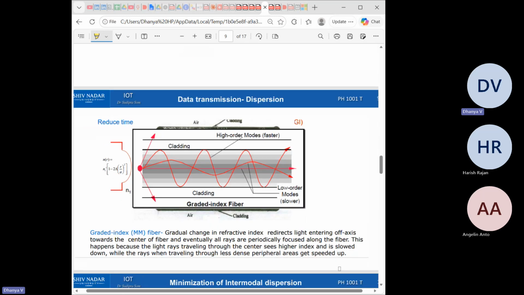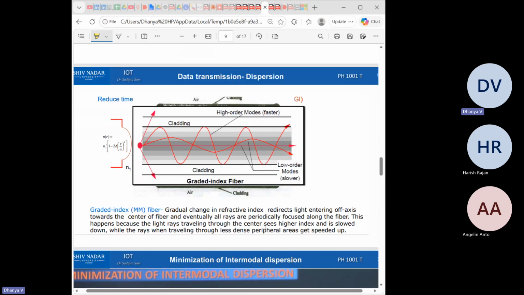This happens because the light rays traveling to the center see a higher index and are slowed down. So here there's a higher refractive index near this area, and as it goes on, it notices a lower refractive index and starts bending like this. If it starts from here till here, then it starts bending.